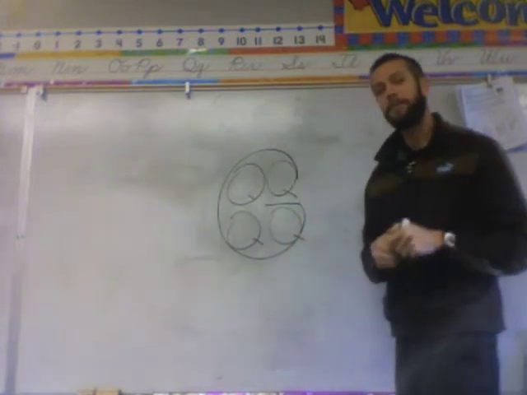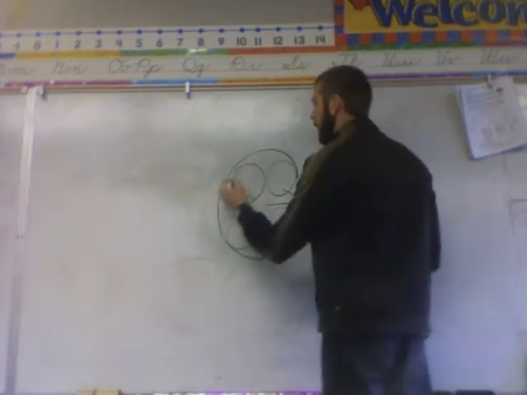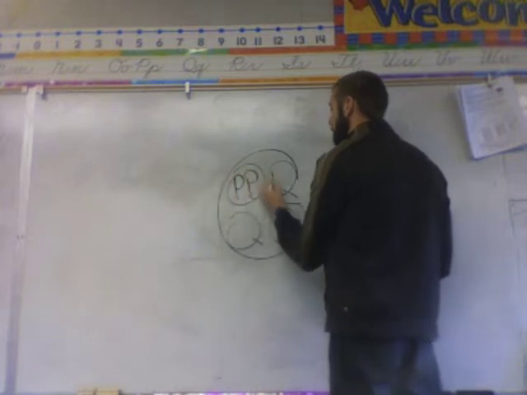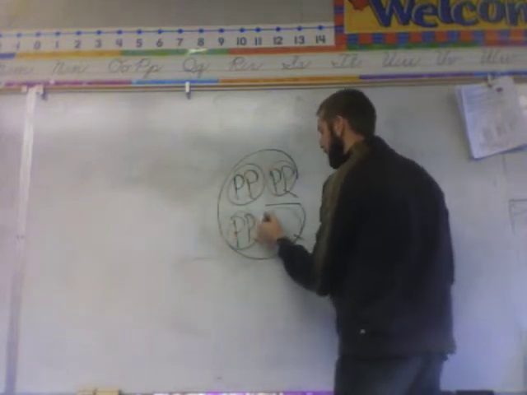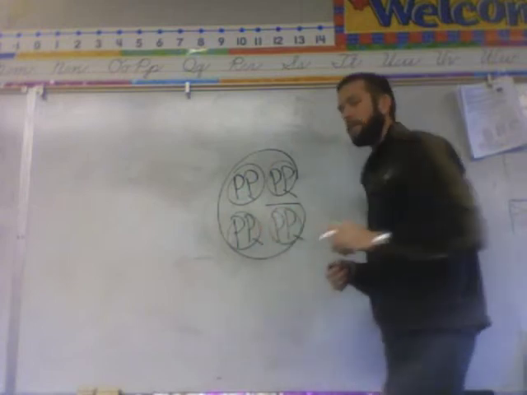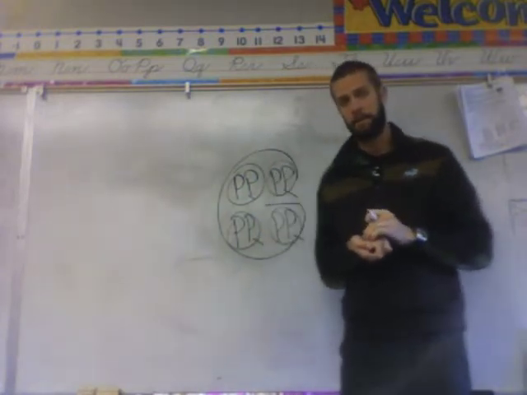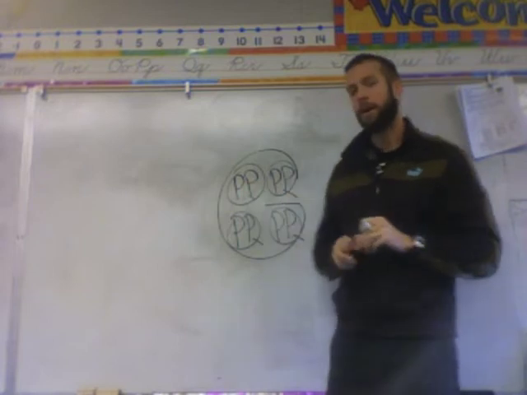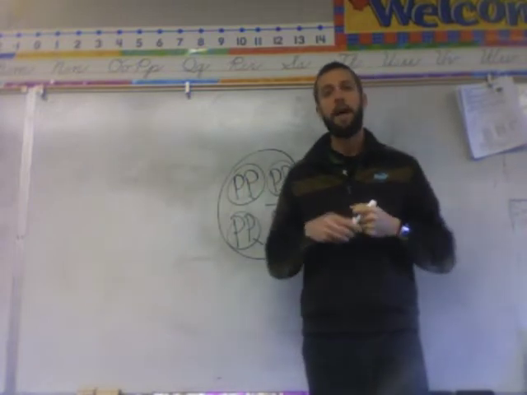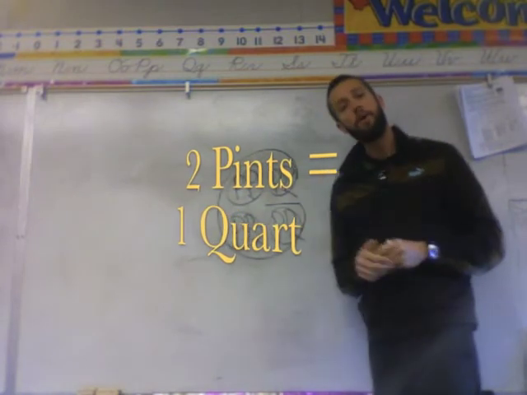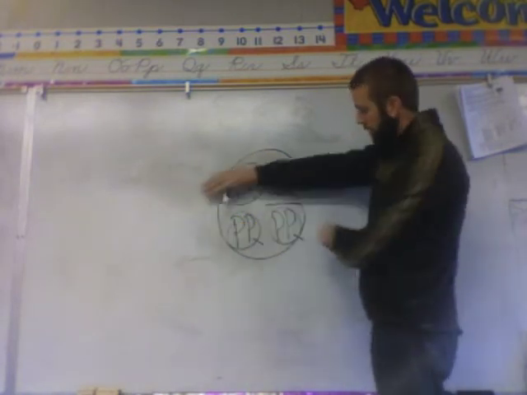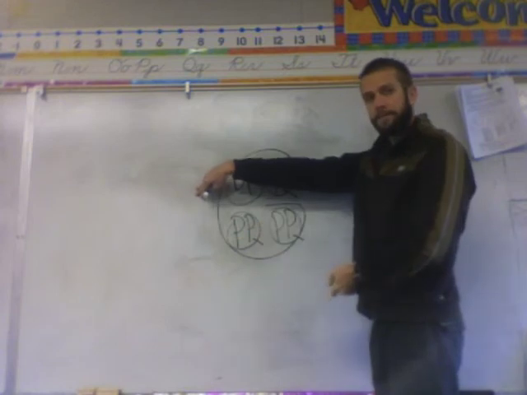Now inside those Q's, you need to draw 2 P's. Fill the space. You need to make it big enough so that it fills that Q, okay? 2 P's in each one. Now the P's stand for pints. 2 pints fit in every quart. So 2 quarts would be 4 pints.